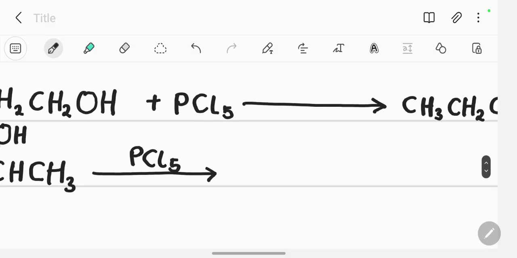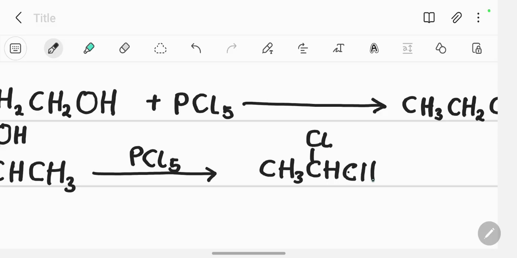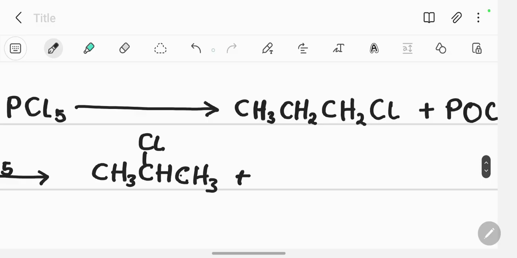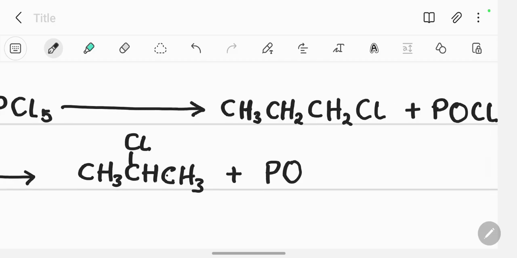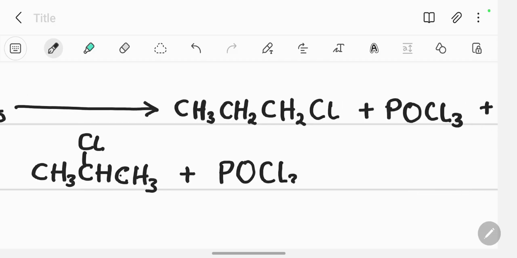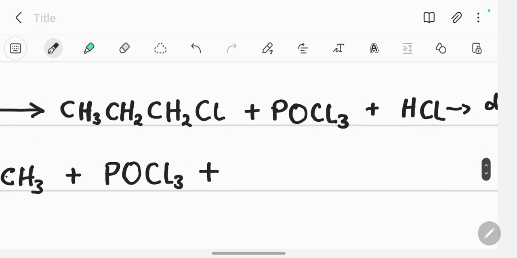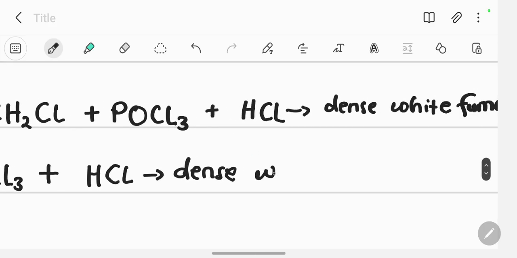I end up with CH3, CH, chlorine, CH3 plus POCl3 plus HCl, and these are the dense white fumes.